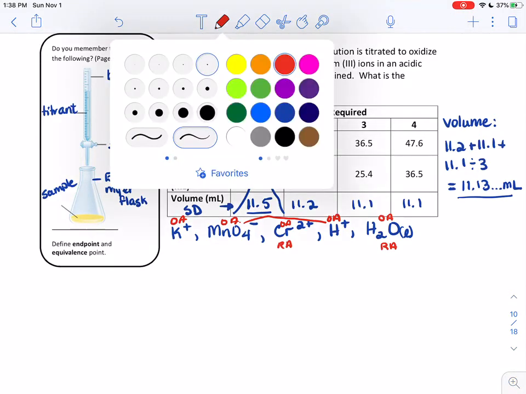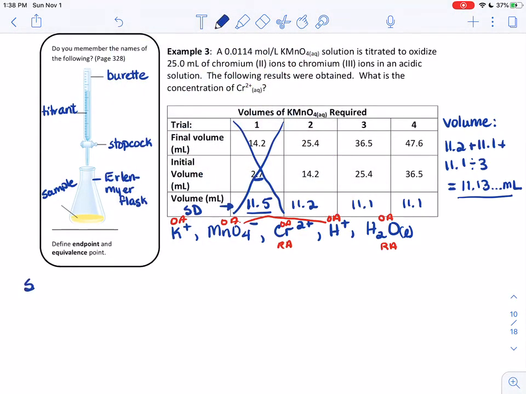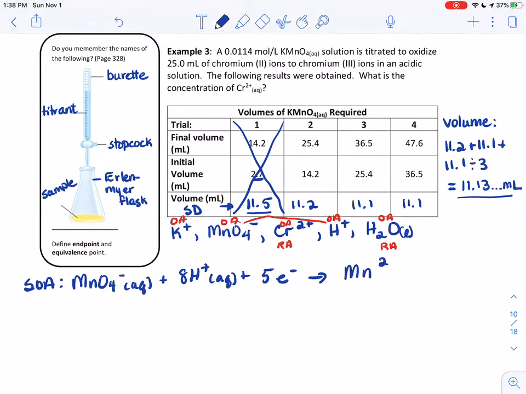All right, so my strongest oxidizing agent is my permanganate. So MnO4- plus 8H+. And again, remember, as always, I'm getting these values directly from my data booklet. If you're wondering where I'm getting these from, it's page 7.